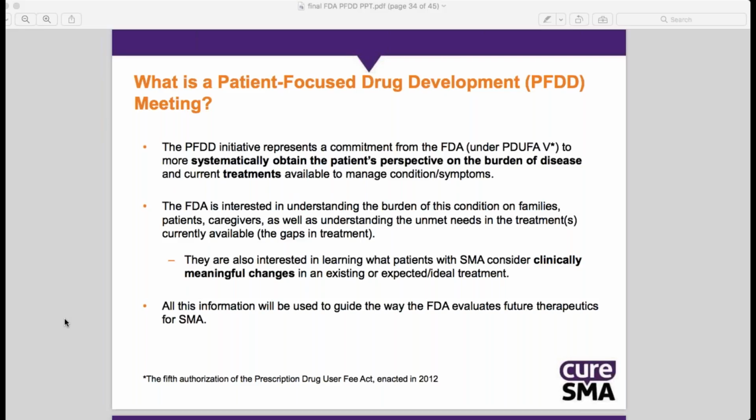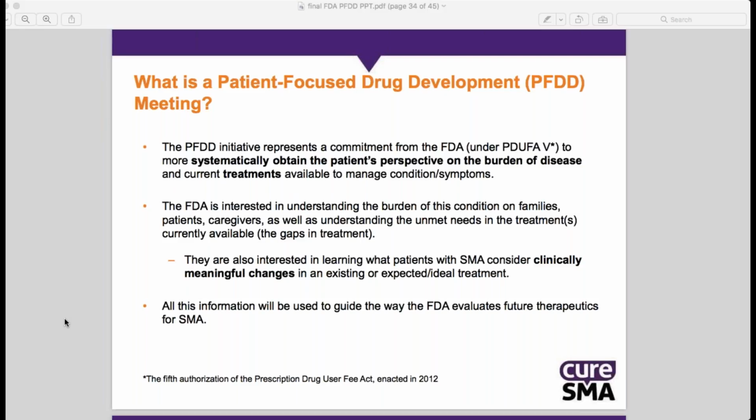This is a way to gather the patient's perspective on both their burden of disease and how they're managing their disease outside of any particular program. And the benefit of this is that it allows FDA to utilize this information across all of the development programs that are going on for your disease.